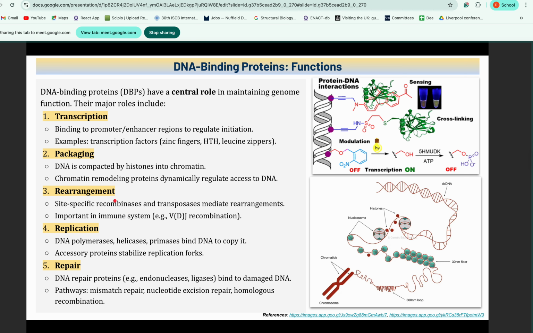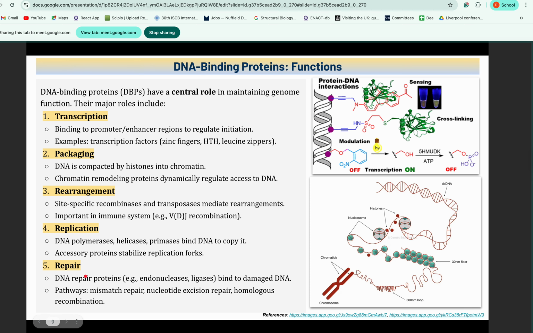These proteins also help to rearrange the fragments of DNA, due to which it can bring about diversity in the same protein. In humans, we have the VDJ recombination. We have different specific enzymes responsible for these recombination processes, and it is generally important in the immune system. Then in replication also, proteins are involved, such as DNA polymerases, helicases, primases.